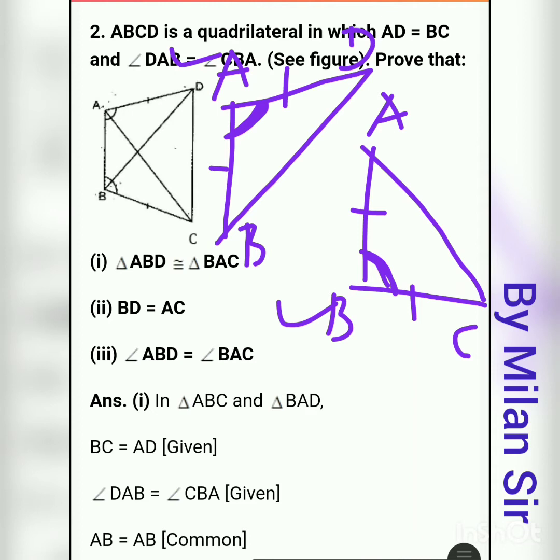So AB is equal to AB. Here we are getting three things: side, angle, side. By using the side angle side criteria, we can say that triangle ABD and triangle BAC both are congruent.